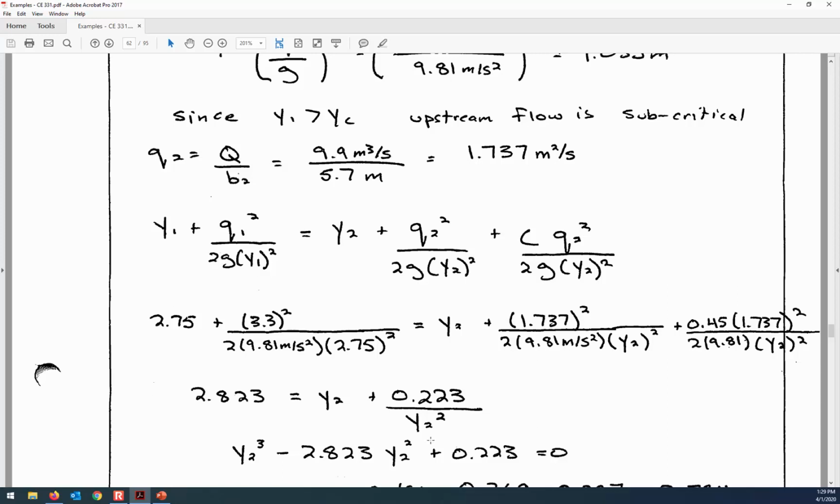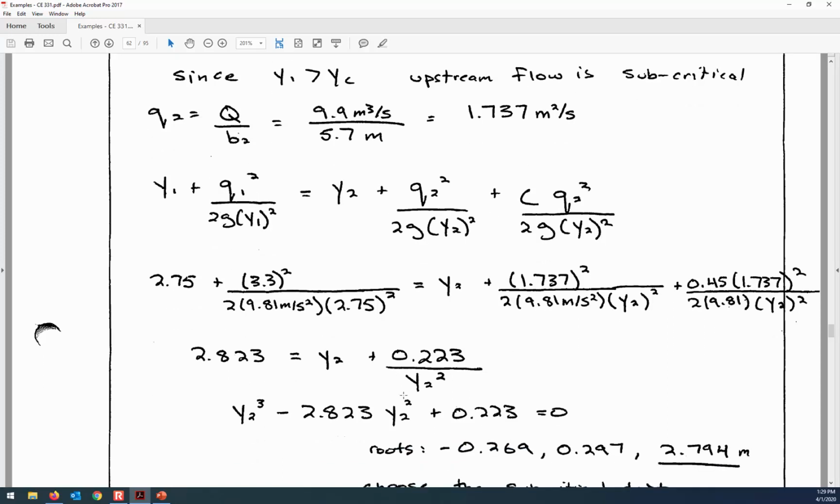And then I've done that and rearranged the equation. So we've got y2 cubed minus 2.823 y2 squared plus our leftover constant 0.223. And you can pop that into the weak and sickly Casio calculator and solve for the 3 roots.